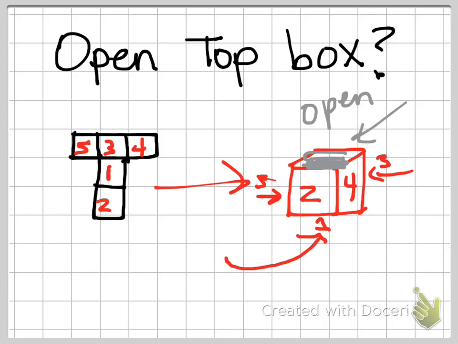I already gave you one of them, which is the T. Like I said, there are 7 more. So if you can identify those, come see your teacher. And then we know that you understand which one will leave with an open top.